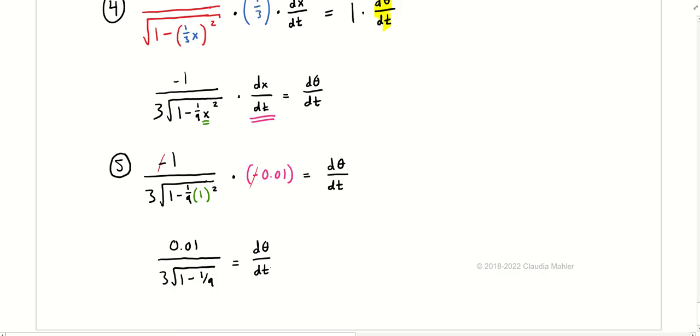And just to simplify that denominator a little bit more, 1 minus 1/9 is 8/9. So I can say here that d theta dt is equal to 0.01 over 3 times the square root of 8/9.